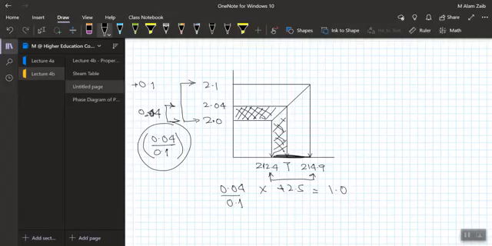So it will give me a value of 1.0 over here, which will be the value of this portion. So now, at this point the value is 212.4, and this portion is equal to 1.0.